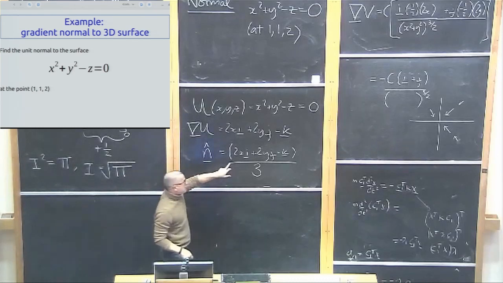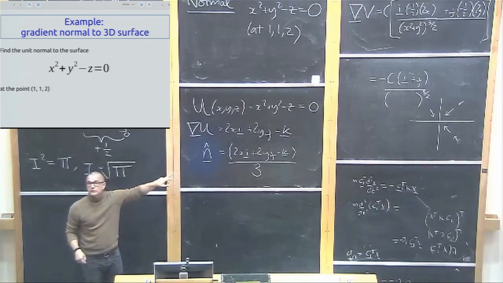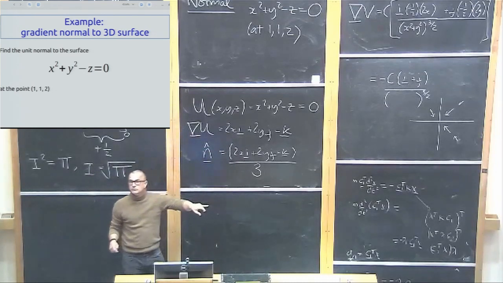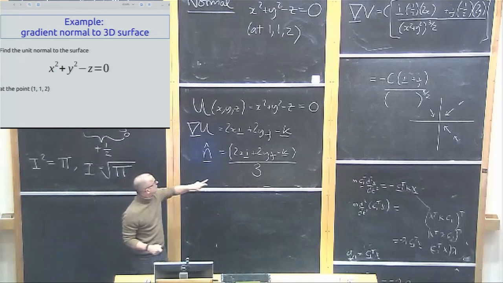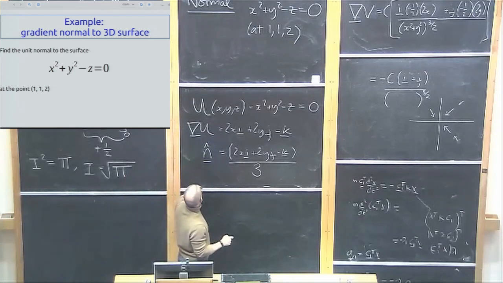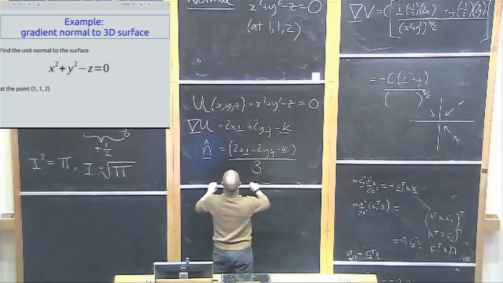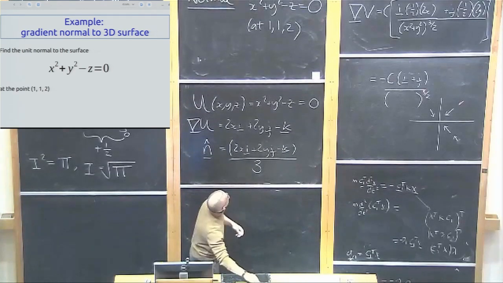What about x and y in the length? Sorry? In the length, it depends on x and y as well. The denominator should have an x and a y. Yeah, you're right. My apologies.